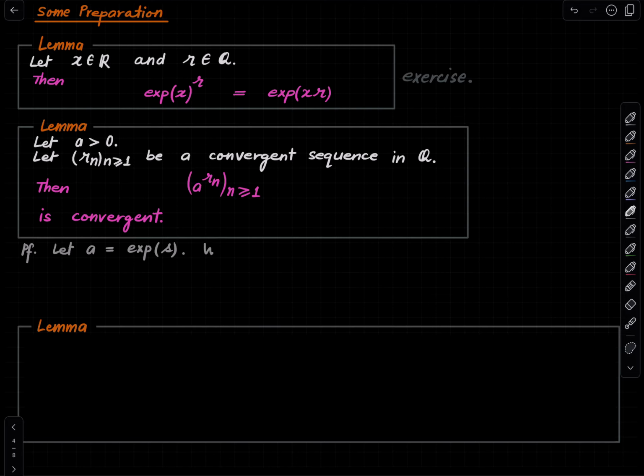So we have a to the power Rn is x of s to the power Rn, but by the previous lemma, it is equal to x of Rn times s, or let me write s times Rn, and therefore this limit exists.